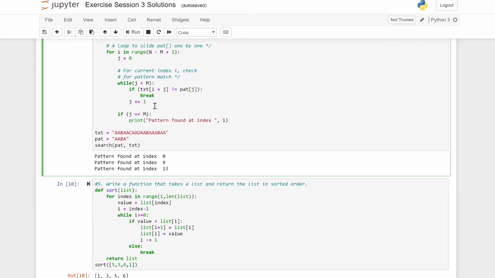If they're equal, I add 1 again. The same thing keeps happening, and at the end j is going to be 4, and we will be out of this while loop because it says while j is smaller than 4. Then we will print pattern found at index i, because right now j is 4 and m is 4, and this condition is satisfied.